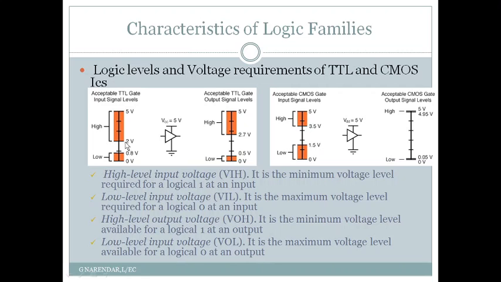So here in general I can say that this is high level input voltage VIH. Similarly, the maximum voltage will be limited by the power supply, but the minimum voltage required for the signal to be qualified as logic 1 at the input is high level input voltage, that is VIH, and here it is 2 volts.